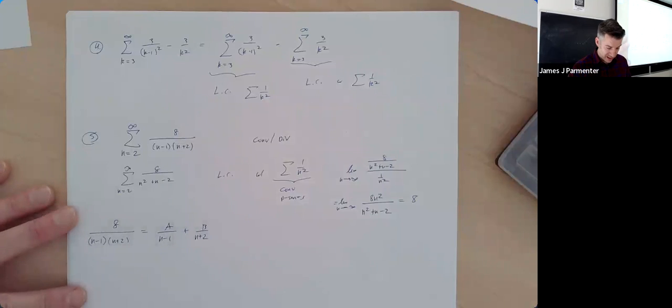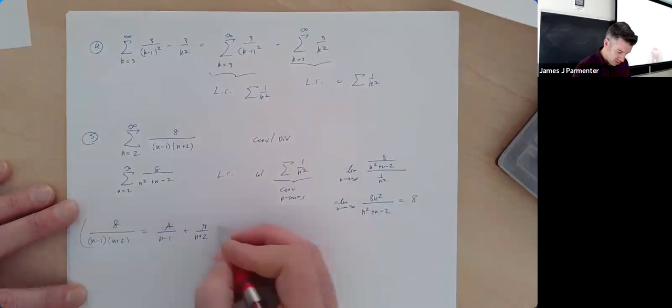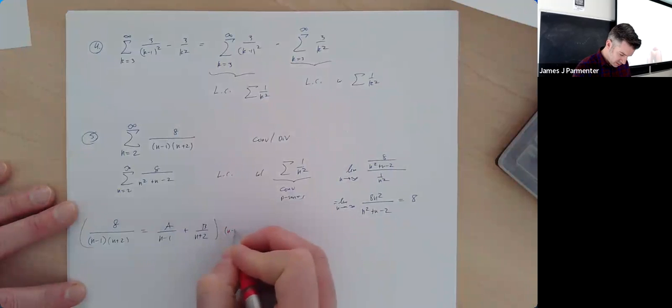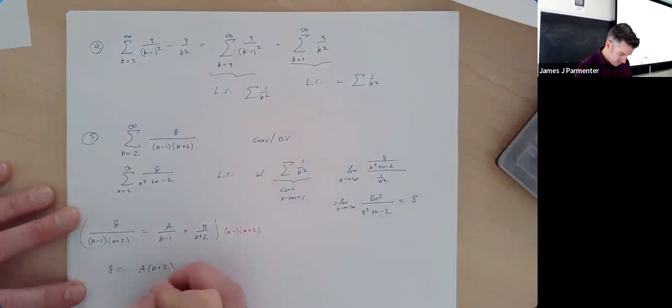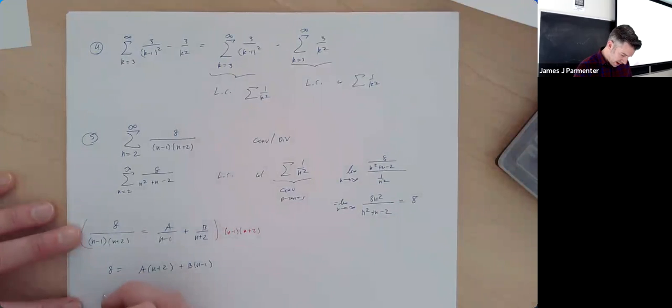First, we're going to multiply both sides by the common denominator, just like we always have done with partial fractions. When we do that, we get 8 on the left, and A times (n plus 2) plus B times (n minus 1). We pick nice values of n. I'm going to pick n equal to 1. We get 8 equal to A times 3, so A is going to be 8 thirds.